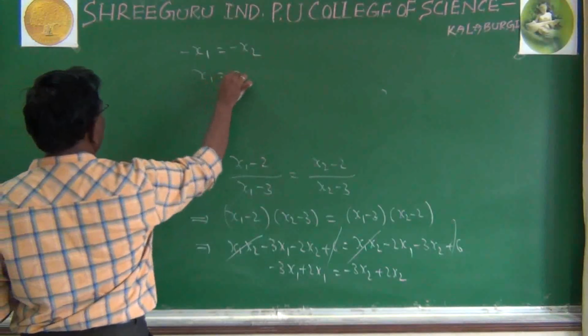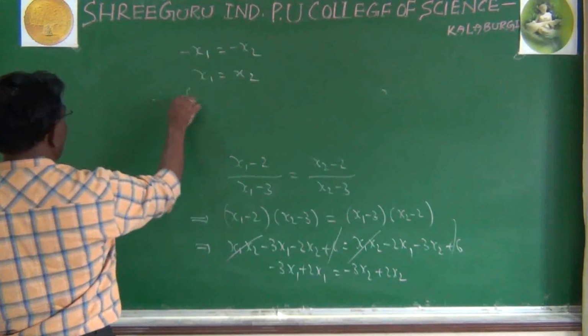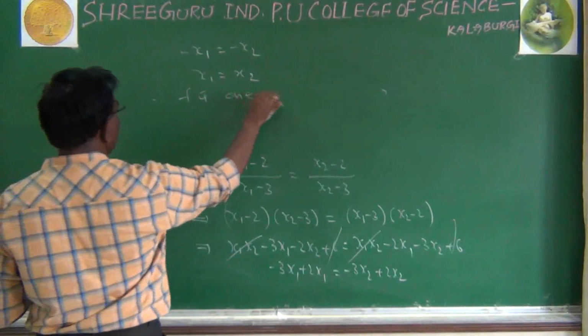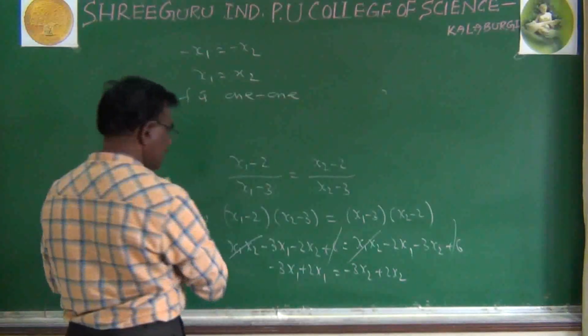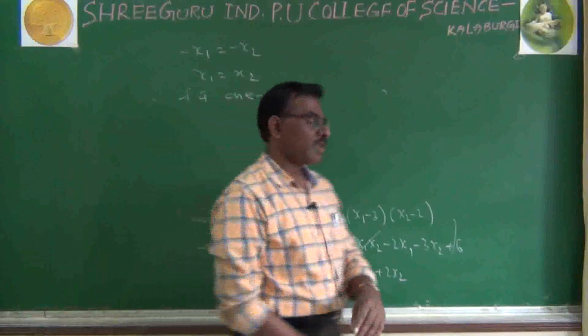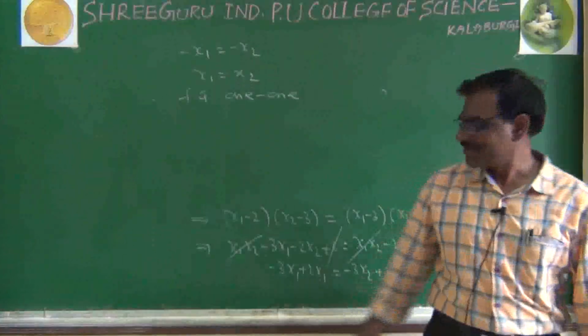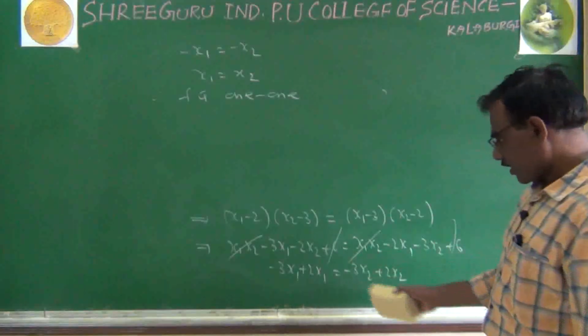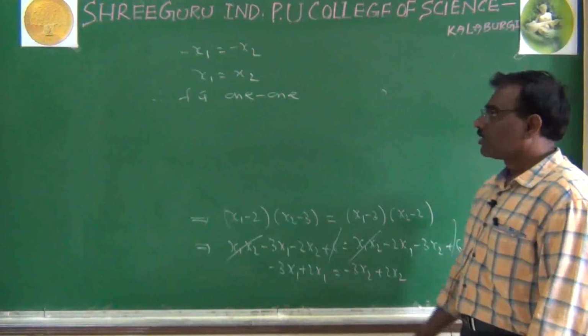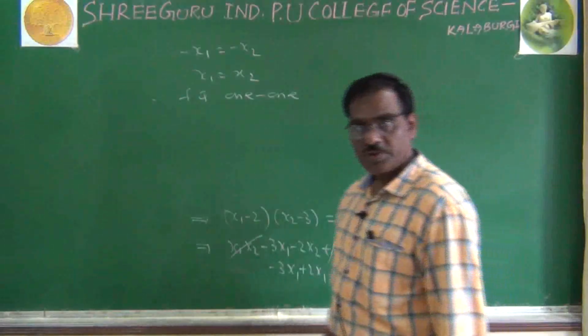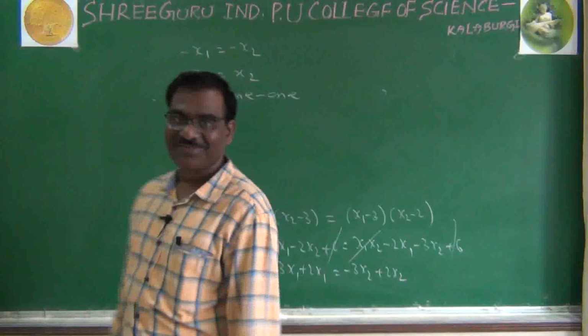So x1 equals x2. Therefore, f is one-one. Very simple. Just cross multiply and we will get x1 equal to x2. Wherever we get x1 equal to x2, the function f is one-one.